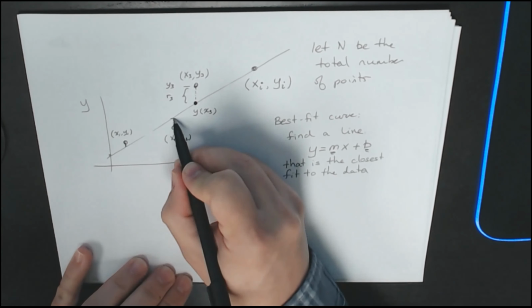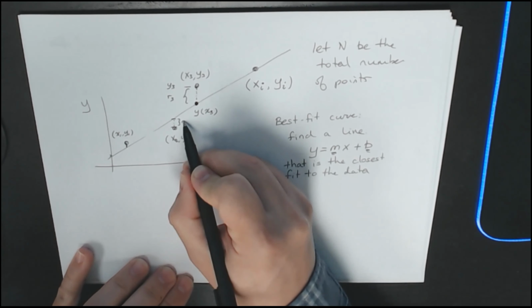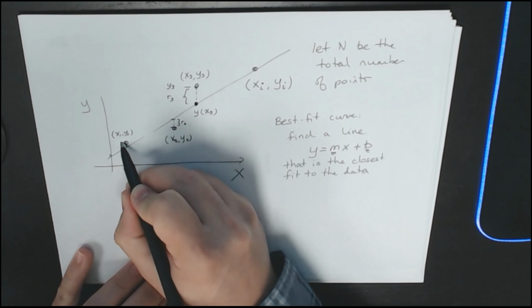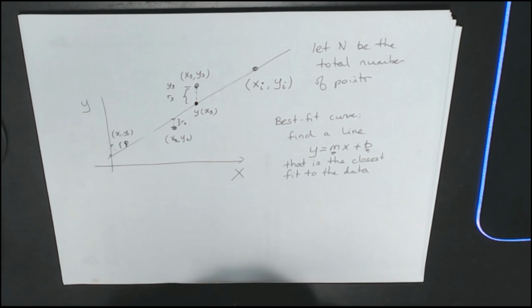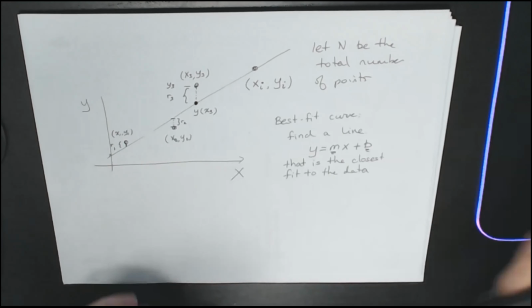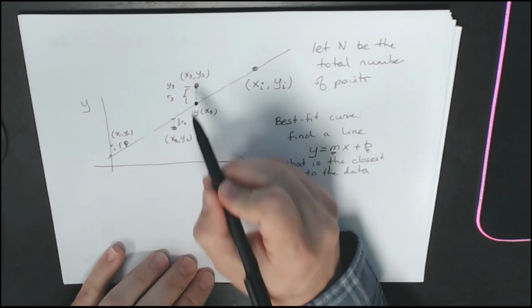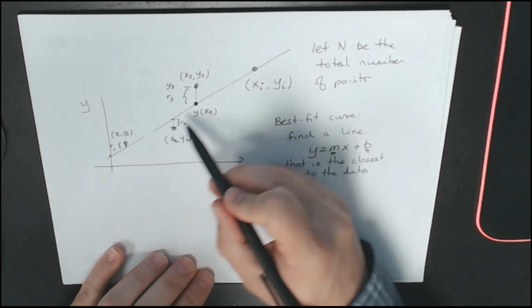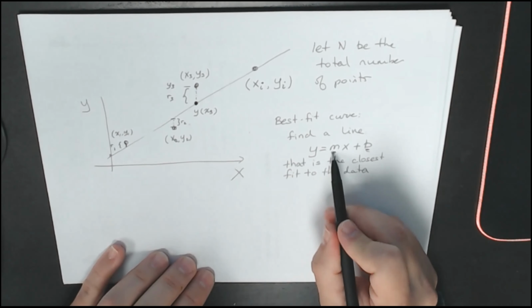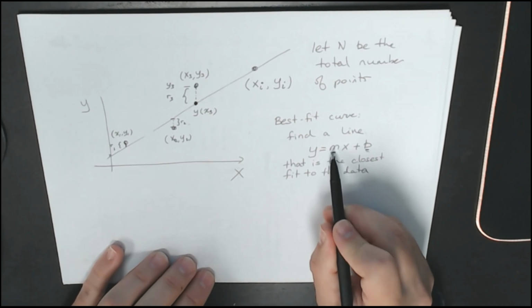You can calculate a residual for every one of these points. Residuals can be positive, residuals can be negative. They're the difference between the actual data and the value of the function evaluated with a particular choice of m and b.